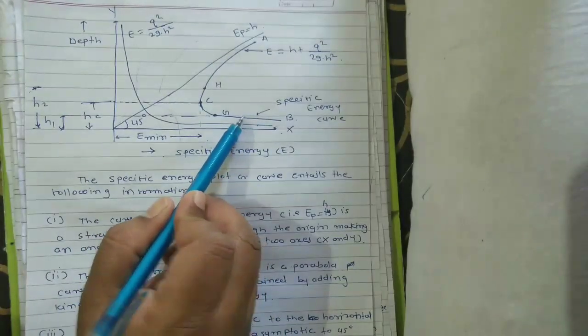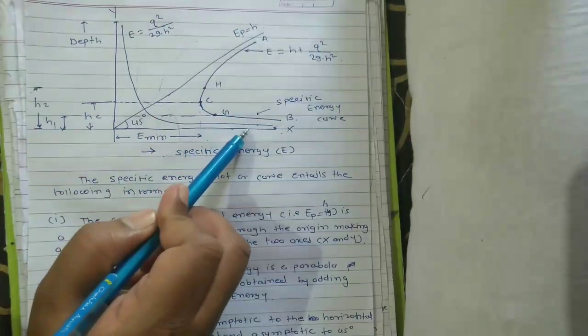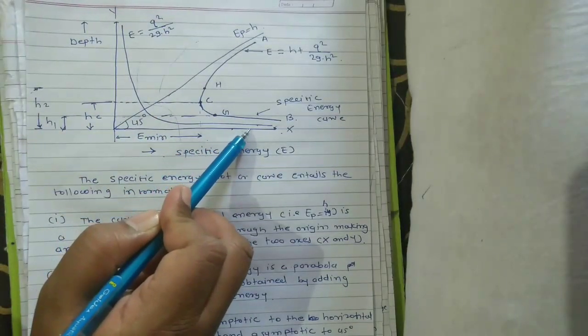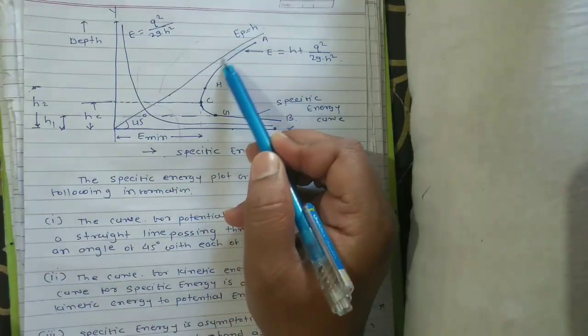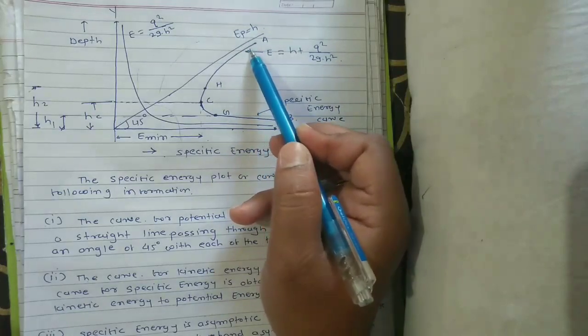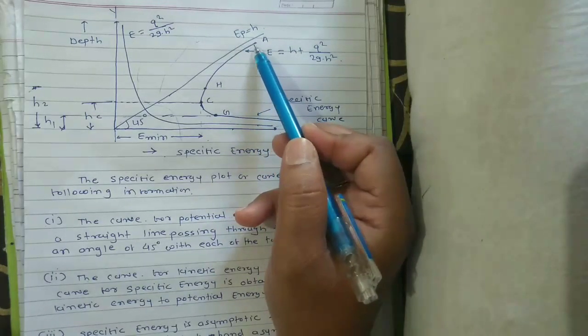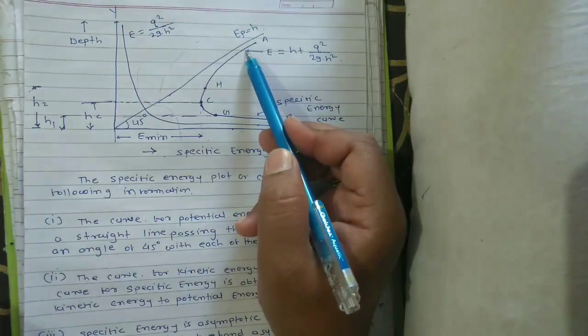So the specific energy is asymptotic to the horizontal x-axis, and similarly it is asymptotic to the 45-degree line, the potential energy curve. These two lines never intersect, so they are called asymptotic to each other.